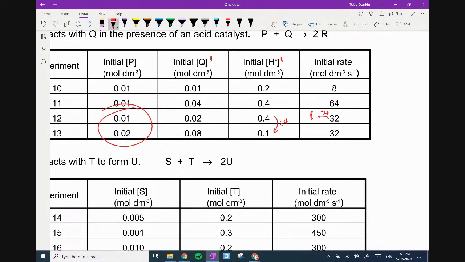That's as a result of H plus. Next, that then has also been multiplied by 4. Oh, interesting. So I'm now going to multiply that by 4 because it's first order. So that takes me back to 32. And it's gone from 32 to 32. Nothing's happened. So P is 0 order.